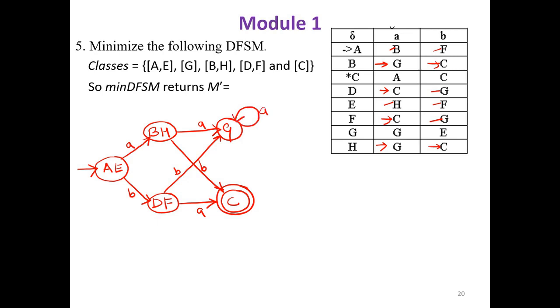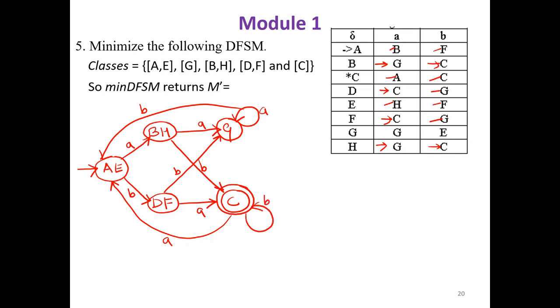On B, G goes to E. E is in state AE. Last, the C state, which is the final state. For A, it is going to state A, which is in AE. For B, it is going to C, that is a self loop.